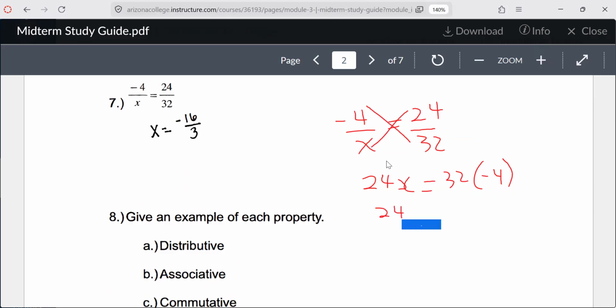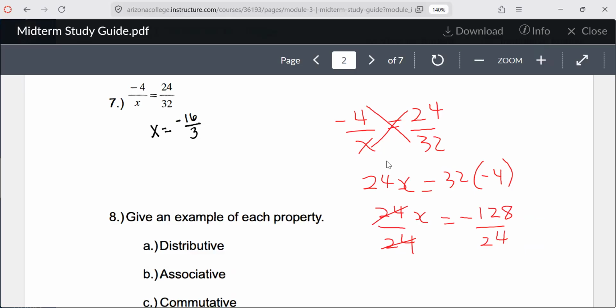So 24x equals negative 32 times 4, since positive times negative is negative. 32 times 4 is 128. Then I divide by 24. So x gives me negative 128 over 24.